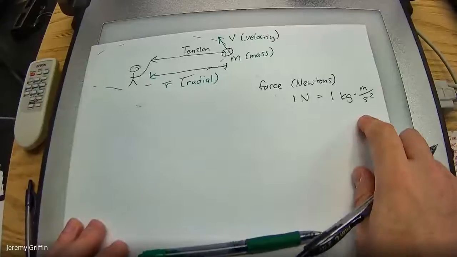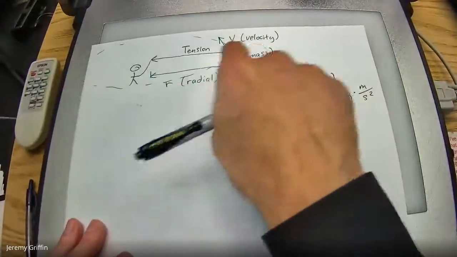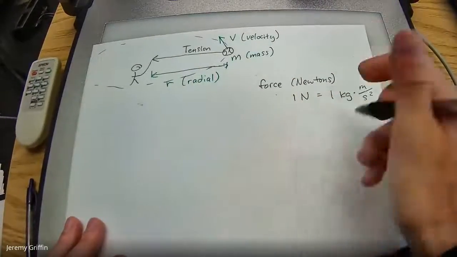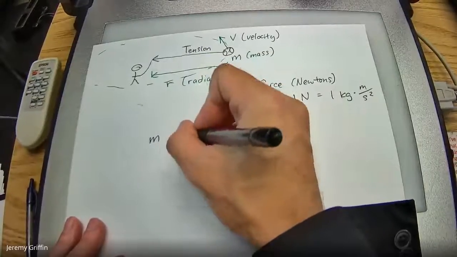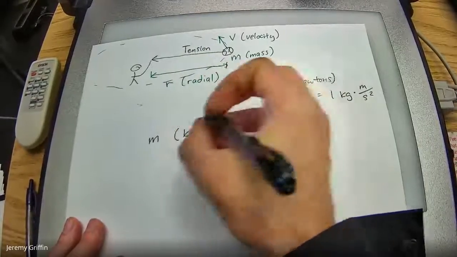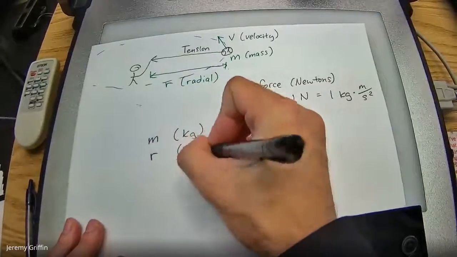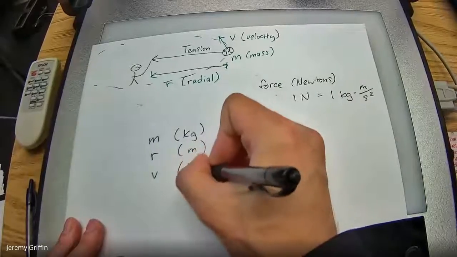Guys get that? Question I got for you guys is, how can you multiply and divide these 3 variables to somehow get you to newtons? You know that mass is measured in kilograms, that radial value could be measured in meters, and that v velocity could be measured in meters per second.